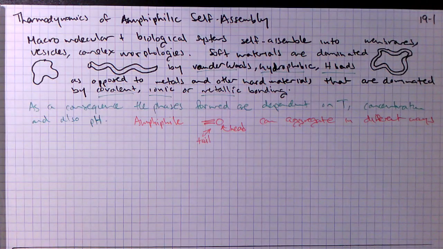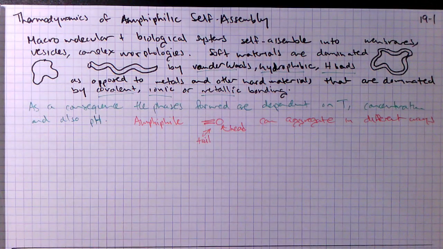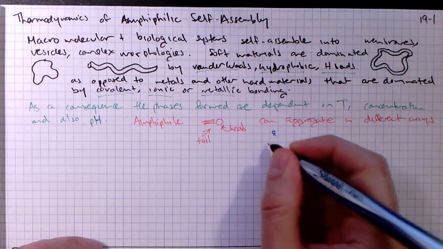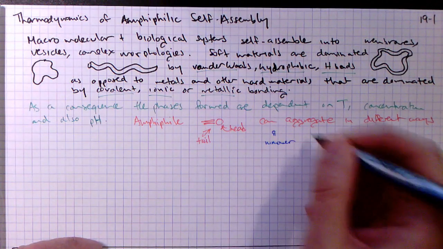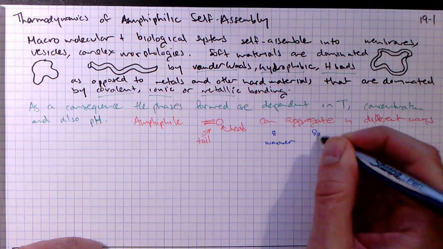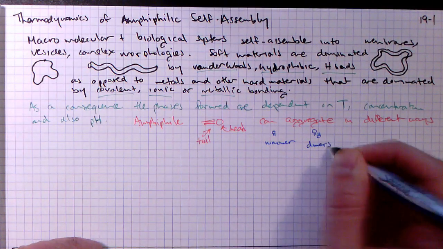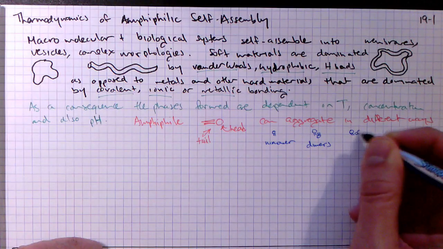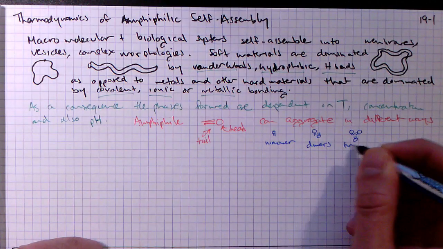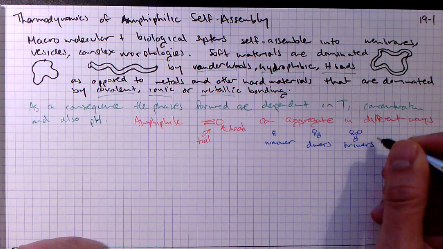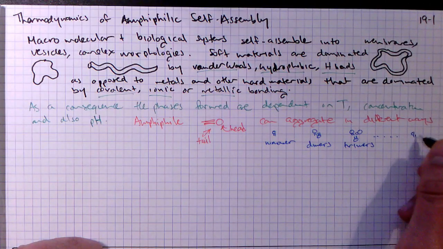So from these amphiphiles we can just have simple monomers. We can have dimers forming, we can form trimers, so groups of 3, or any general kind of arrangement, right?